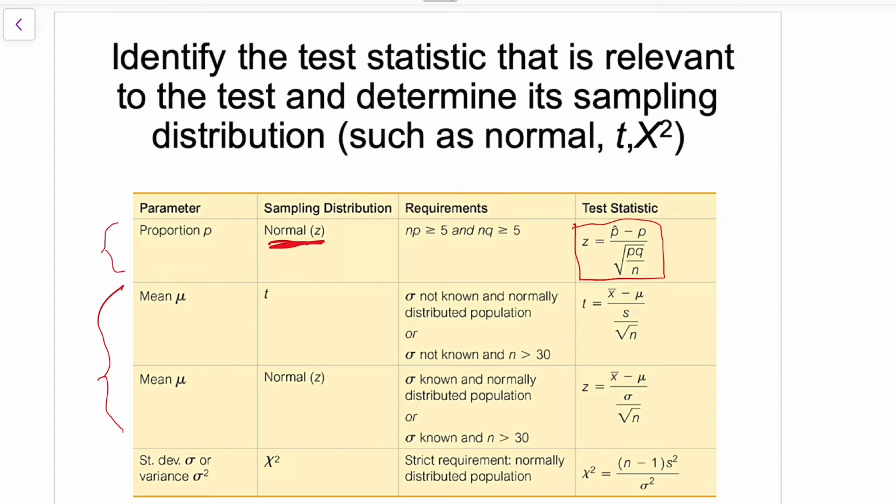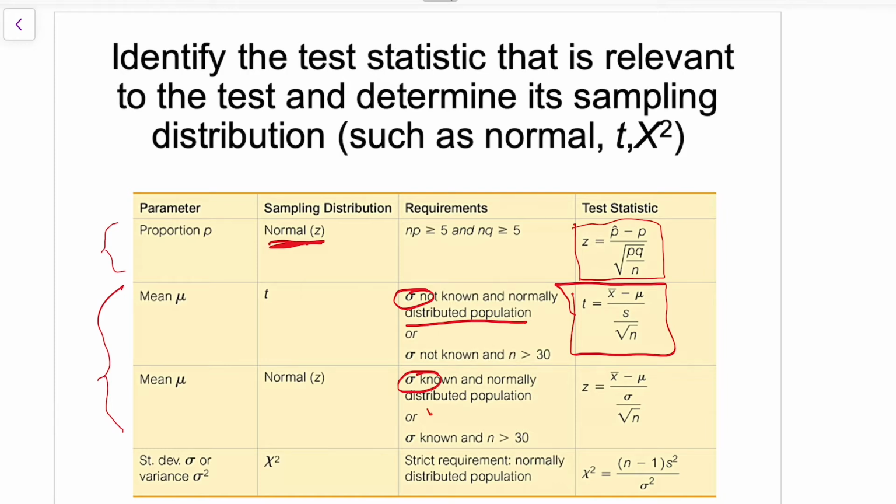Again, just like in chapter 7, when we're doing any sort of confidence intervals with the mean, we can either not know our standard deviation or we could know our standard deviation. If our standard deviation is not known, we need to rely on the student t-distribution. And we get this formula for the t-distribution being x bar minus mu divided by s over the square root of n.